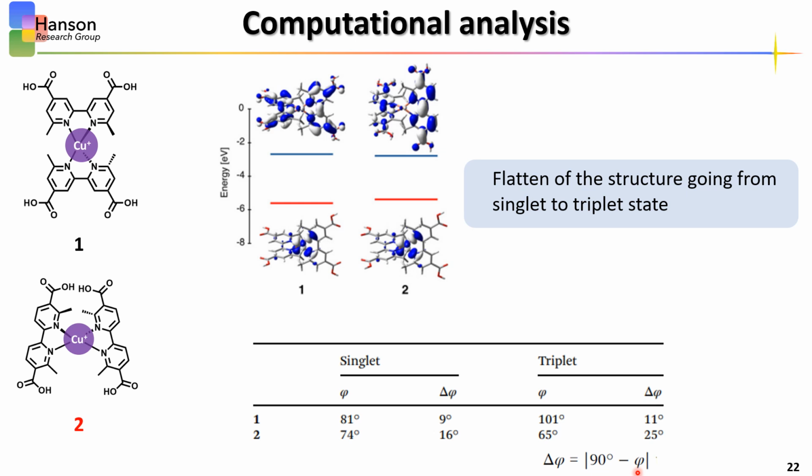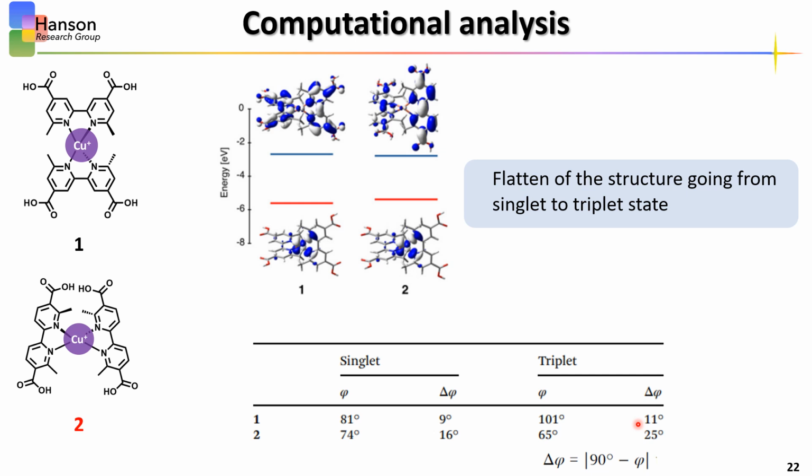So we can see in this table, for both 1 and 2, we see flattening from the singlet to the triplet state. For complex 2 the change is about 9 degrees, but for complex 1 the change is only about 2 degrees.